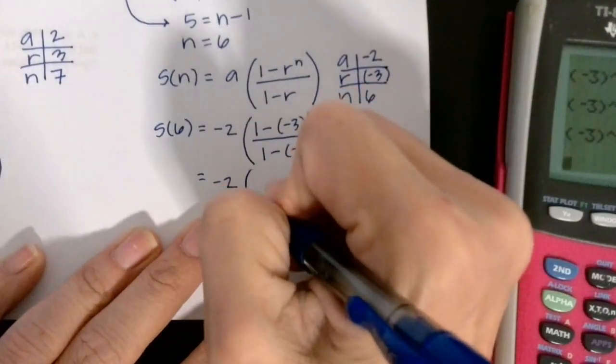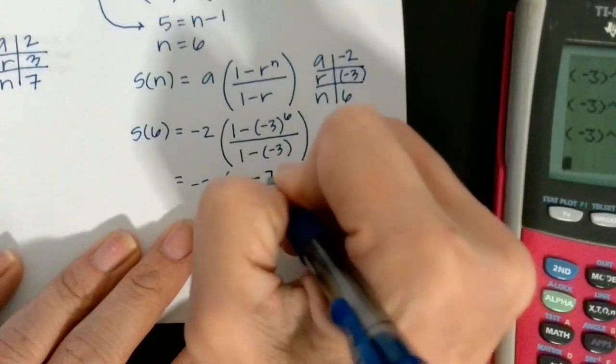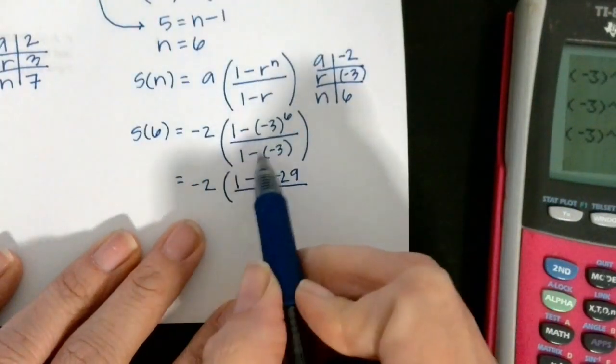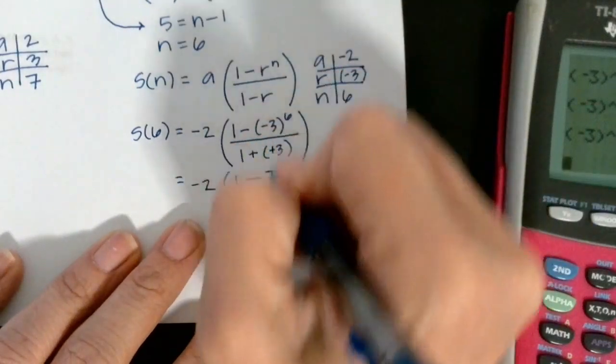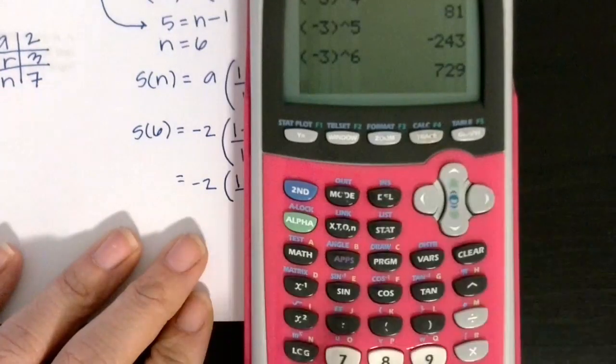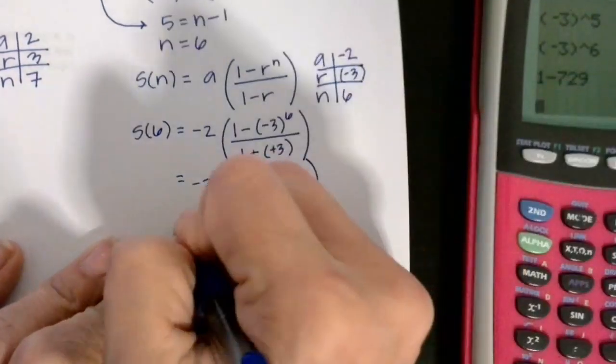So this is going to be 1 minus 729. You still have your minus sign, and then 1 minus -3 gives me 4. So 1 minus 729 gives me -728.